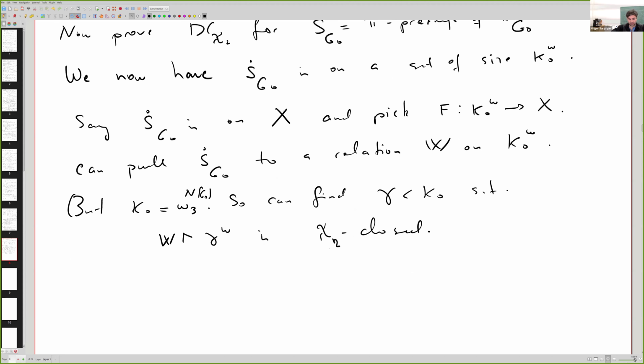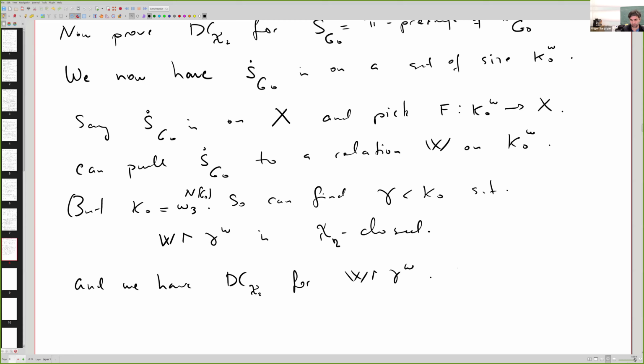Aleph 2 closed means closed under omega 1 sequences. So all the omega 1 sequences from W have an upper bound in W. But now I have DC R omega 2 exactly for these relations. And we have DC for W less than gamma omega.